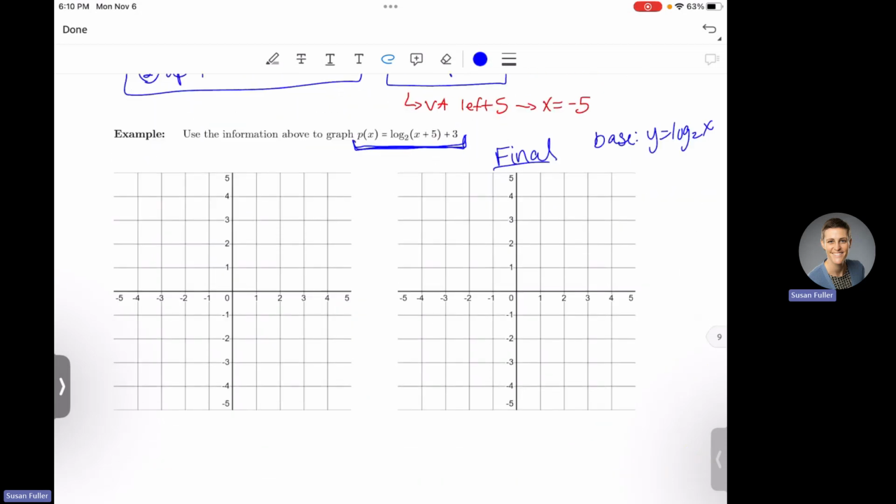So we are going to have (1/2, -1), (1, 0), and (2, 1). Those are going to be points on my graph. And I'll go ahead and fill that in along with my vertical asymptote here at x equals 0.